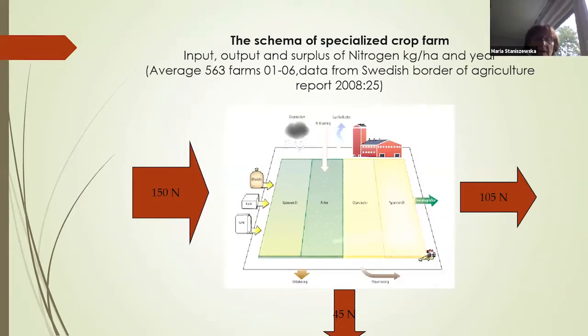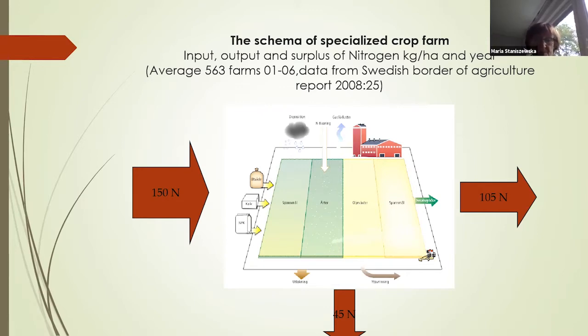And here, in this scheme, which was prepared by Professor Arthur Grenstedt, in his research, we see inputs, outputs, and surplus of nitrogen in a crop farm.